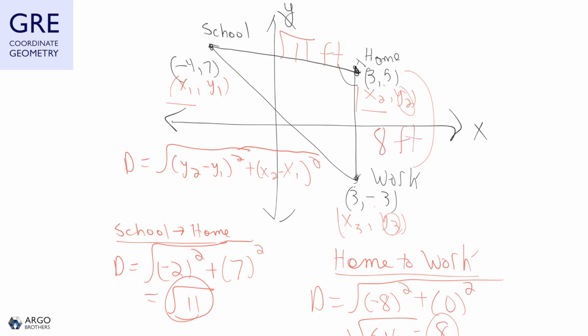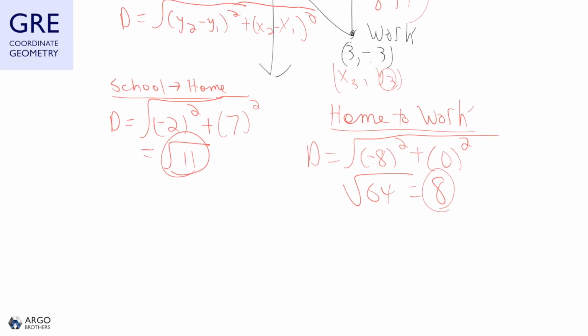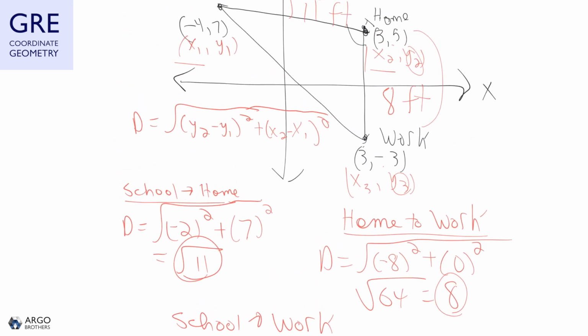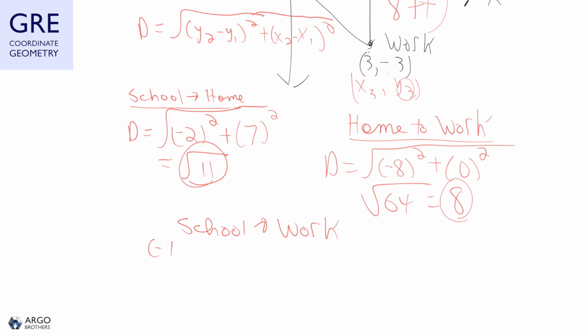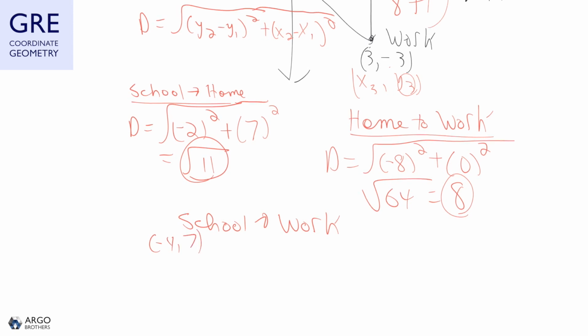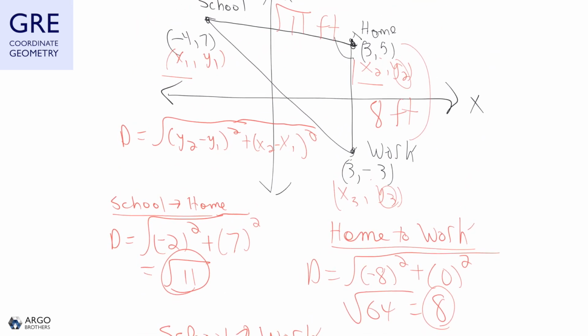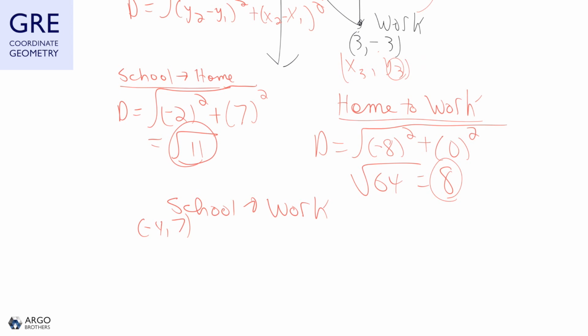And now let's find the distance between school and work. So I'll do that here. School and work, or school to work, which is the same as work to school. And what are the 2 points? Well, we have school as negative 4, 7, so I'll write that here since we can't see it, and work as 3, negative 3.